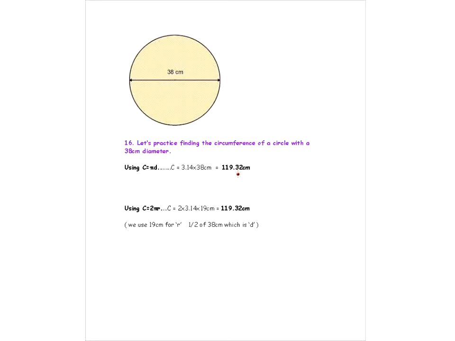We could also use the formula that has radius in it, c equals 2 pi r. Since we knew the diameter was 38, the radius is half of that, which is 19. So we do 2 times pi times 19, and we get the same number, right? We're just using different formulas to find the same number.